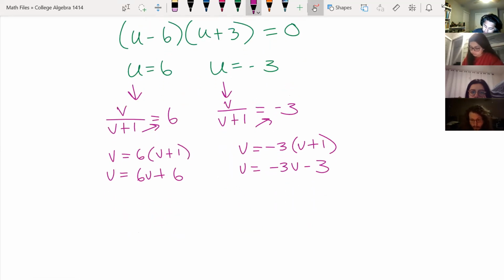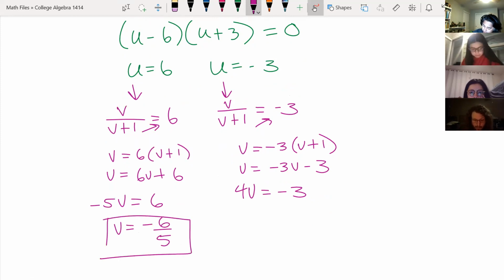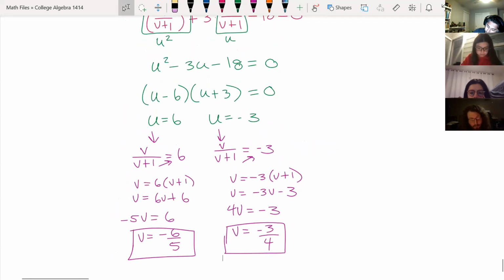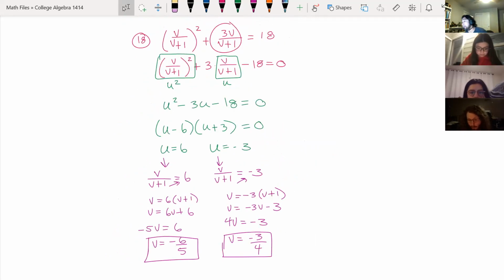I'll move that v over, -5v equals 6. Add that 3v, 4v equals -3. And then v equals -6/5. And v equals -3/4. Yeehaw.